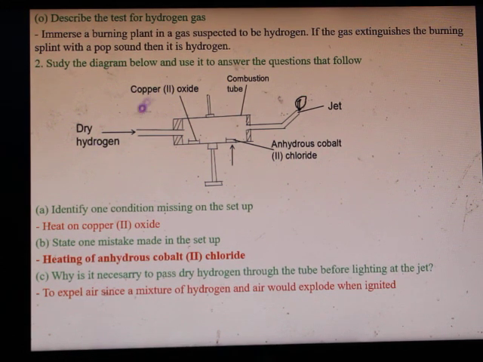So hydrogen is going to take oxygen from copper 2 oxide, and now hydrogen will be oxidized to water, and copper 2 oxide will be reduced to copper metal, which is brown. And the water formed will therefore form a colorless liquid on the cooler parts of the combustion tube, and also it will cause anhydrous cobalt 2 chloride to become hydrated.